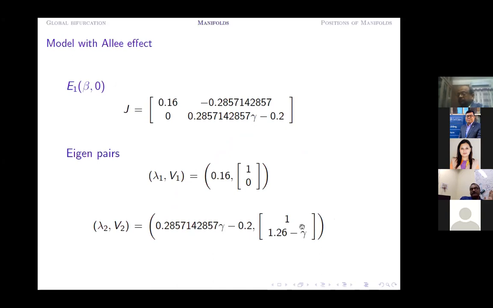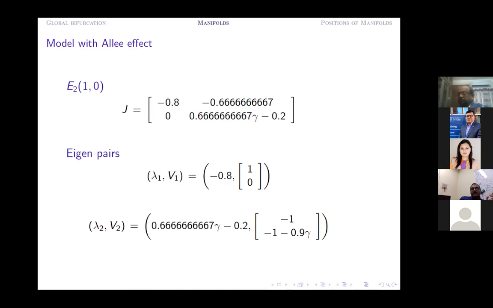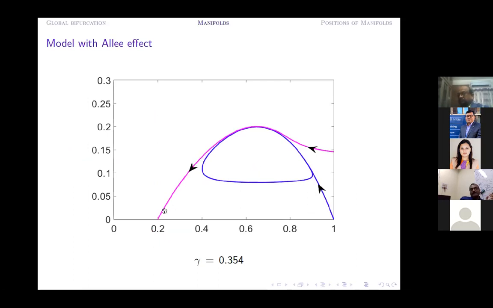Similarly, you can find the equation of the stable subspace passing through the point (0.2, 0). To obtain this stable manifold, this is the most important trick: you choose a point on this stable subspace, pretty close to the point E1, so without loss of generality we can assume it lies on the stable manifold itself.